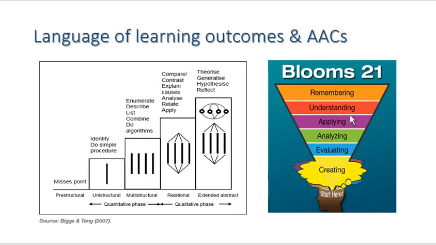Bloom's has a very comprehensive anthology of the different terms that you can use for each of these levels of knowledge creation. So creating knowledge, what are the various verbs one can use? What are the various verbs one can use around evaluation and analysis and application, okay? All that terminology is there. Make yourself familiar with it. Use it in writing your learning outcomes.